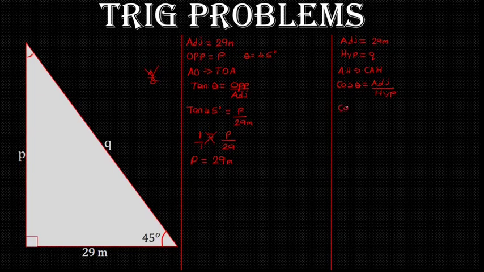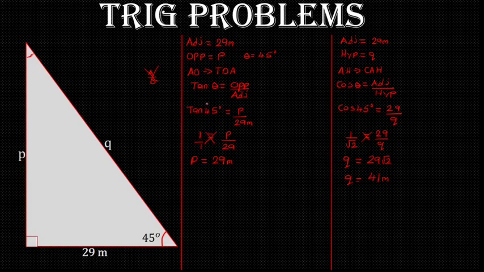I have the cos 45 degrees is equal to adjacent, 29, over Q. Cos 45 from our special angles is equal to 1 over root 2. That will be equal to 29 over Q. Cross multiplying, I have that 1 times Q will give me Q, and then 29 times root 2 will be 29 root 2. But that will be 41 meters to the nearest meter. Alright, so that's our P and Q.